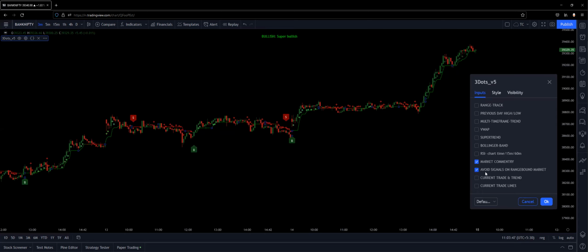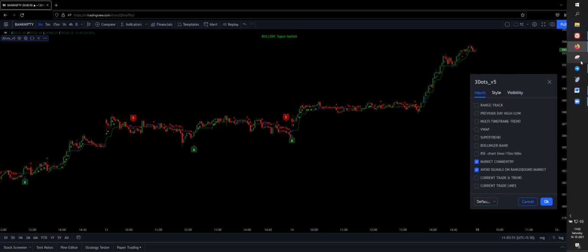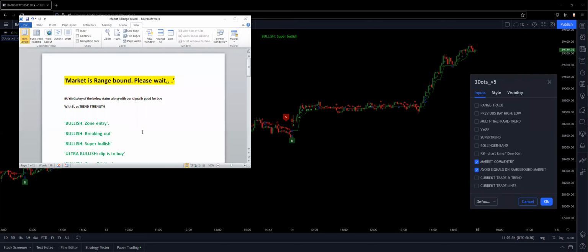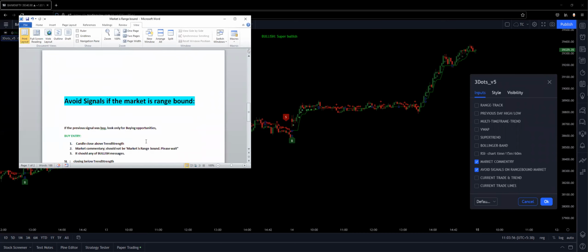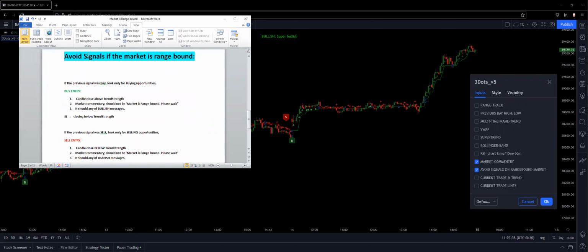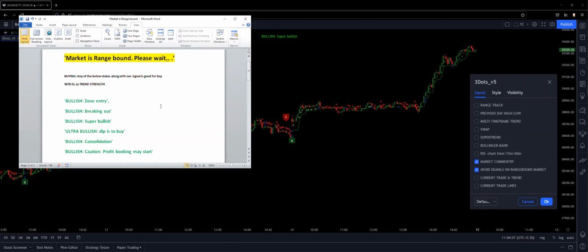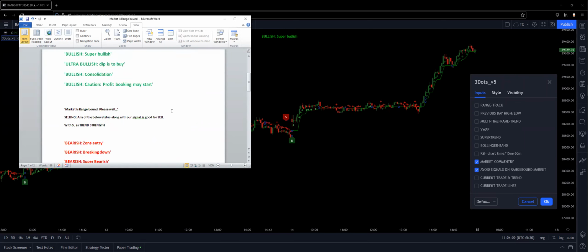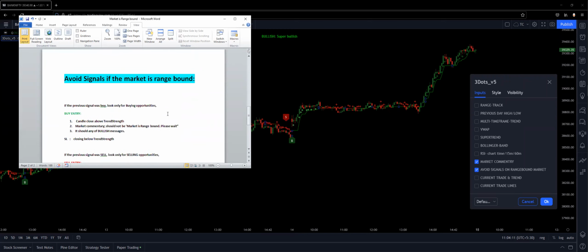So how do you trade whenever you enable this, right? This is how we need to trade. Let me show you how. So basically, avoid signals if the market is range bound. Whenever the market is range bound, it will show you that message, right? Market is range bound, please wait, right? Don't trade during that time.